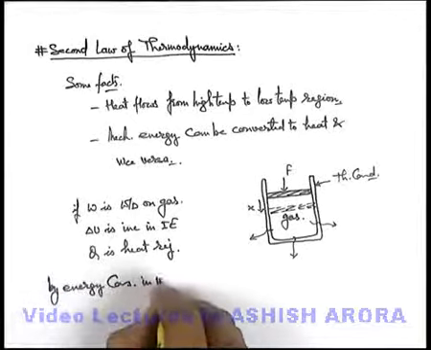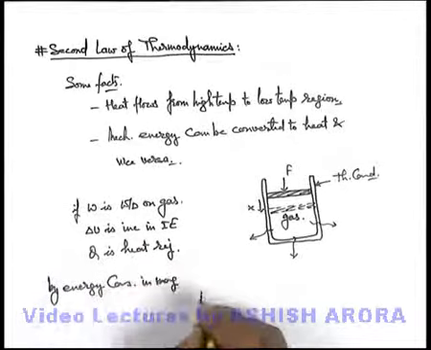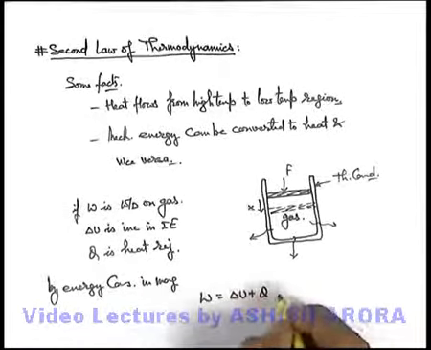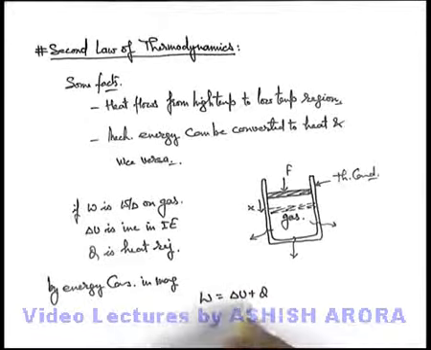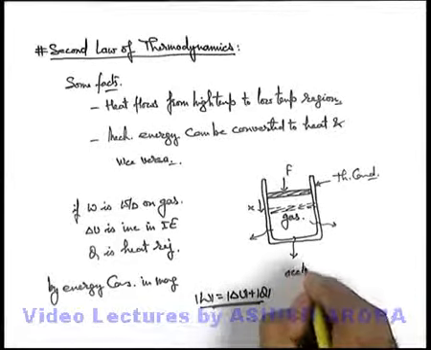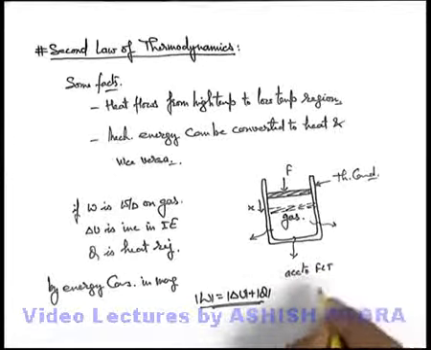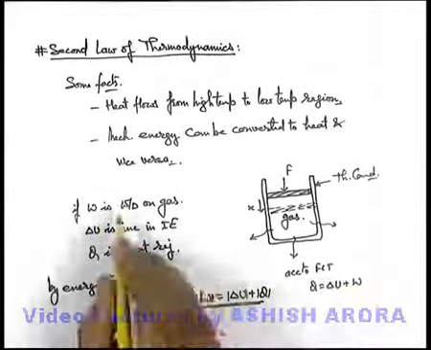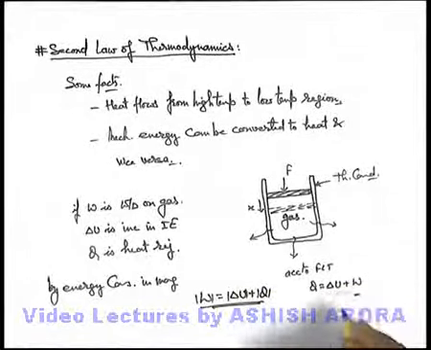In magnitude, we can write W, the total work done, is equal to increase in internal energy plus heat which is rejected. However, we are using here only the magnitudes of work done, internal energy and heat, and this is even valid according to first law of thermodynamics. We can write Q equals delta U plus W. Here work is done on the gas, so this is negative.